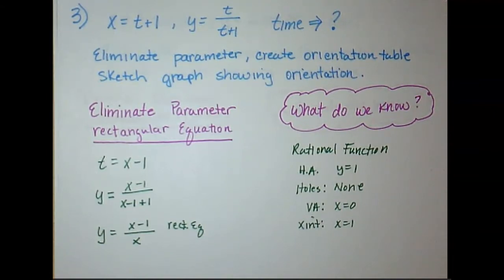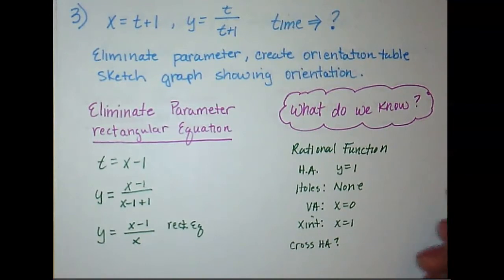So I know quite a bit about that. Does it cross the horizontal asymptote? How do I know if it crosses the horizontal asymptote? I take my simplified equation, x minus 1 over x, and I set it equal to the horizontal asymptote, which is 1, so I'll do it as a fraction, 1 over 1. What that leaves me with is 1 times that equal to x times that.